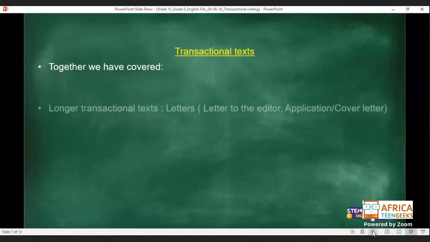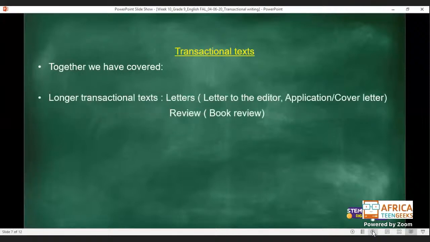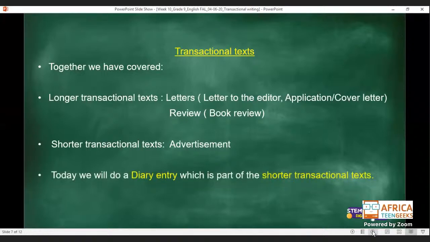Okay, so this is what you've covered already with Ms. K. All right, so today we're going to look at diary entries, which is a shorter transactional text. So it is between 80 to 100 words. I just want to know from you your thoughts about diary entries, not just for assignment or assessment purposes.